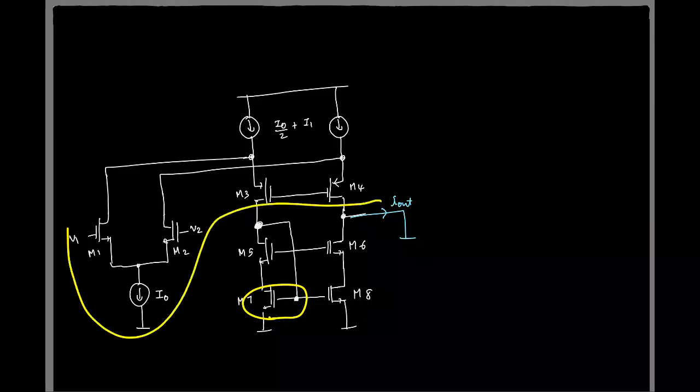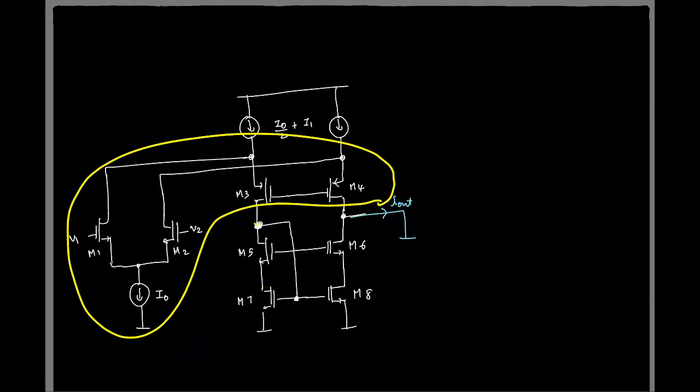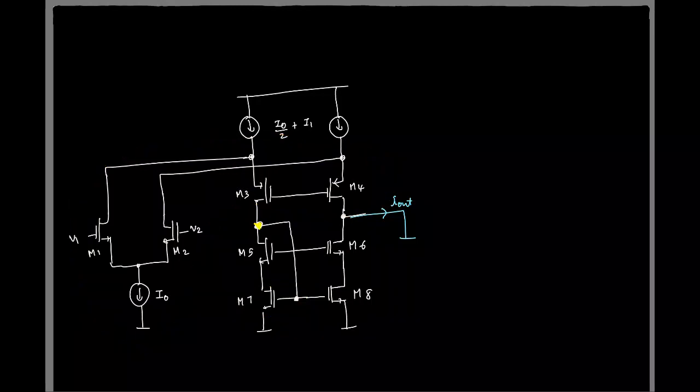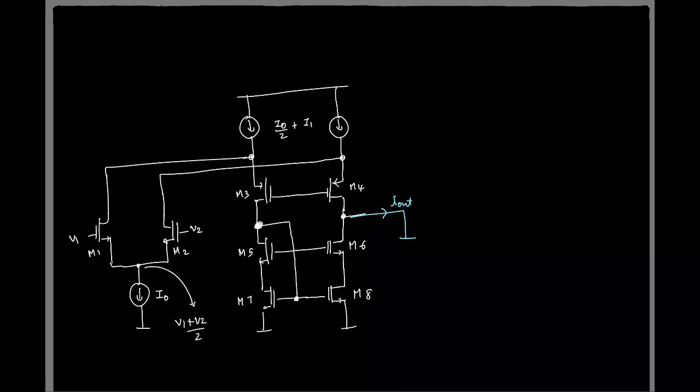This portion is approximately symmetrical because this drain is also at a very low impedance. So roughly the structure is symmetrical. Then what can you say about this voltage? It will be the average of the two, which we had already computed. If I call the incremental current here I1, what is I1?